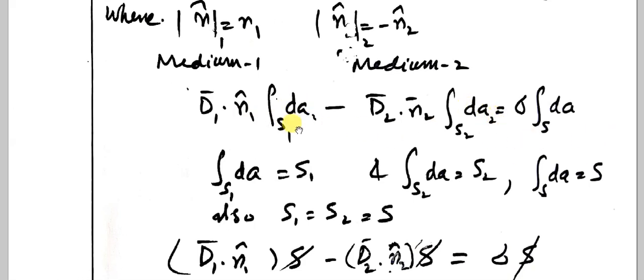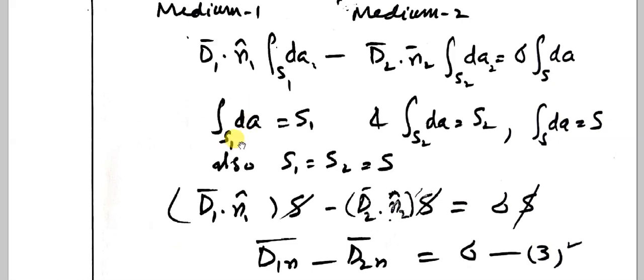So if we integrate over the whole surface S1, over the whole dA1, we get S1. Similarly in this case S2, and the surface over the whole dA, which is the total surface of both S1 plus S2.